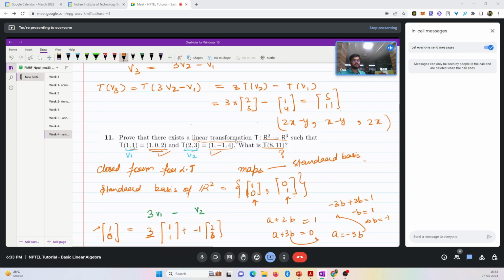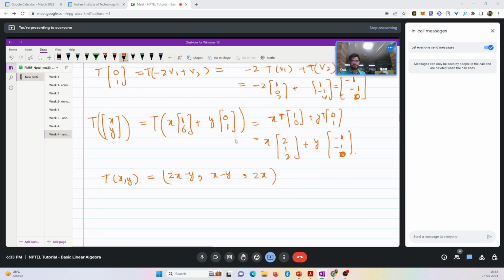Now it has asked us to evaluate T(8, 11). What is T(8, 11)? This would be 16 minus 11, this is 8 minus 11, this is 16. What do we obtain? This is (5, -3, 16). Is it clear to everyone?